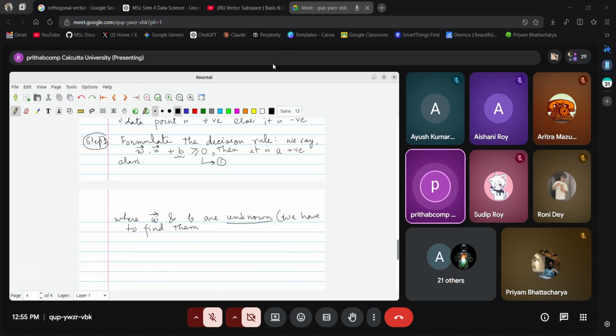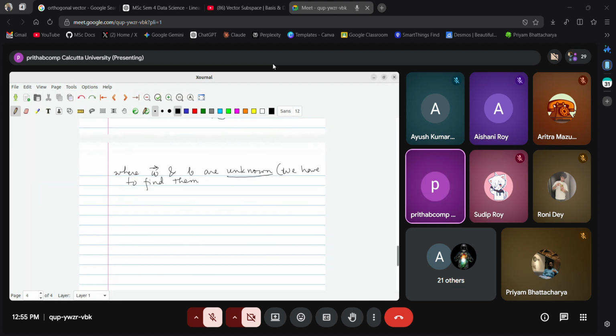That's why we call it a decision rule. We have to find them by formulating an optimization problem.